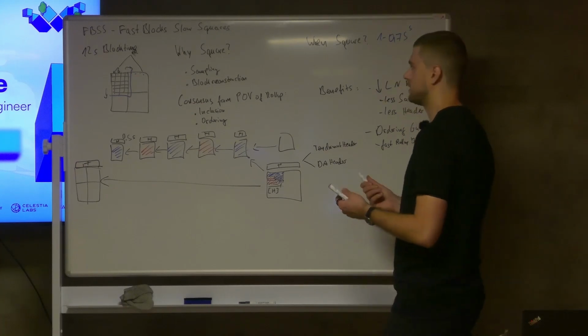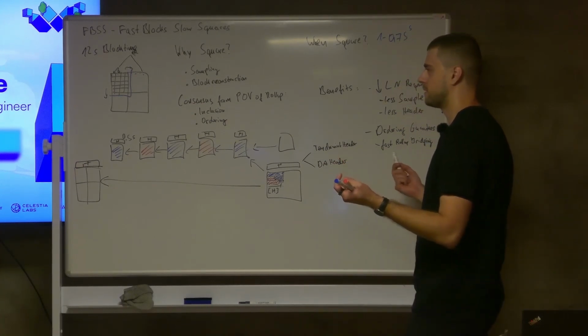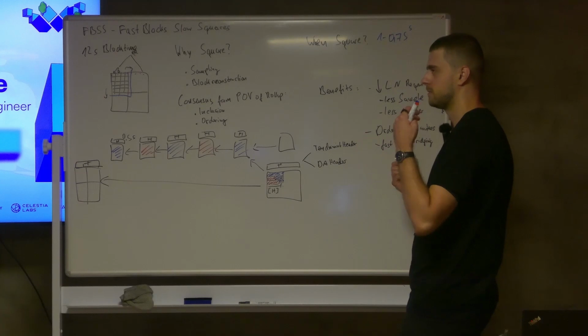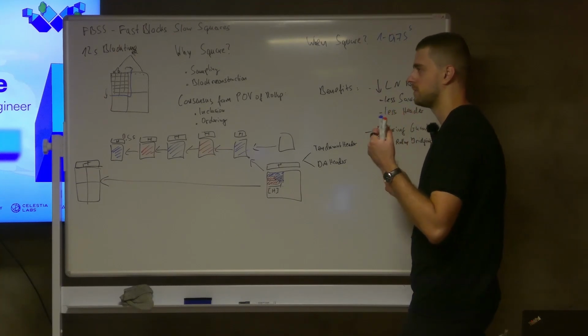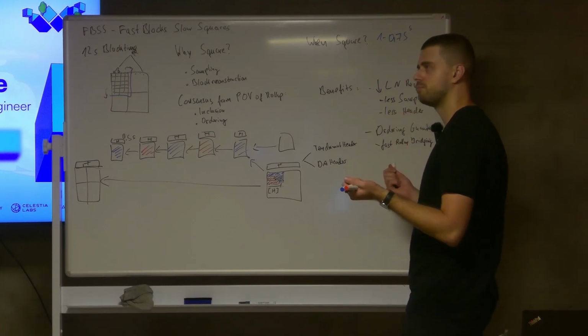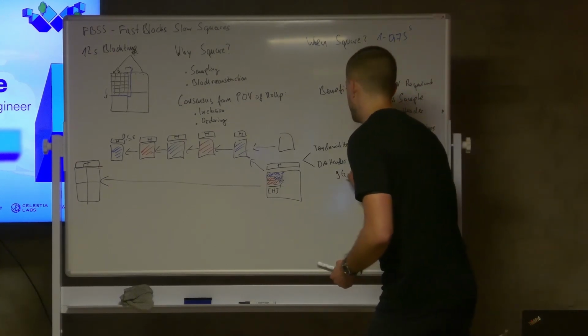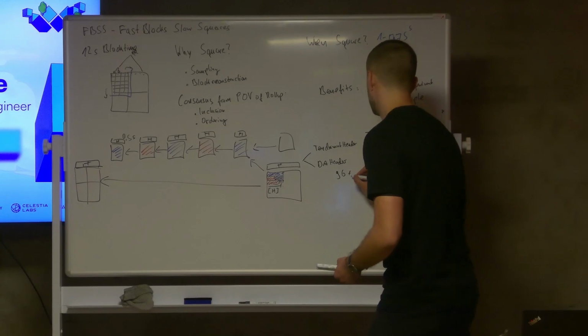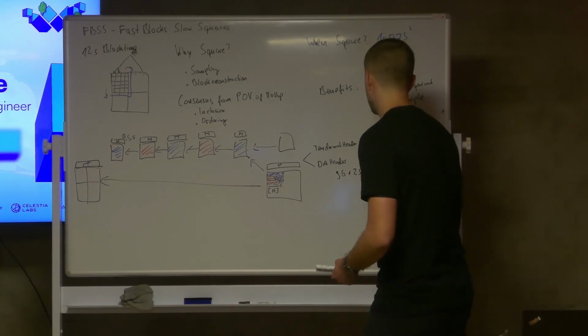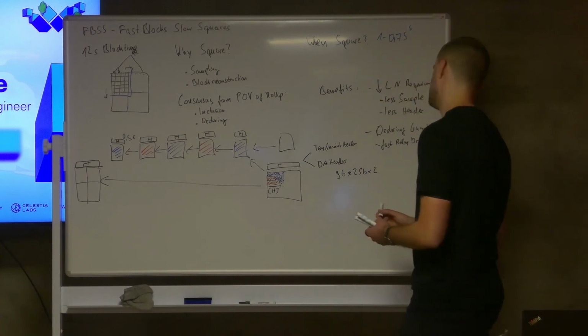And you might say, okay, this is not much, but for 8 megabytes, I think the calculation is 96 bytes per node times 256 shares times 2.